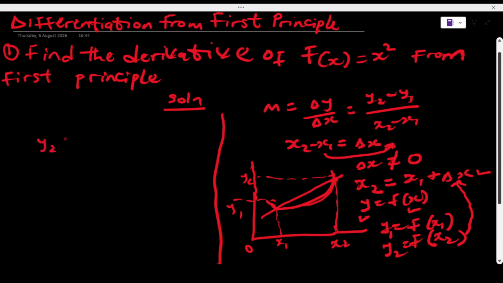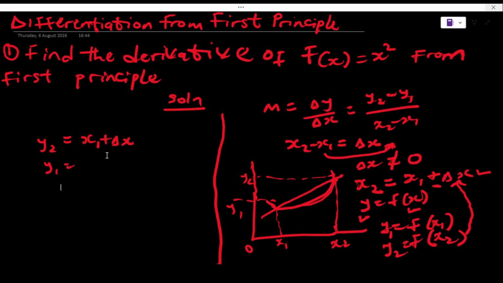So y2 is equal to, instead of writing f of x2, we are going to change it to f of x1 plus change in x, because this is the value of x2 here. We are going to replace it with this value. So therefore, our y2 is this.